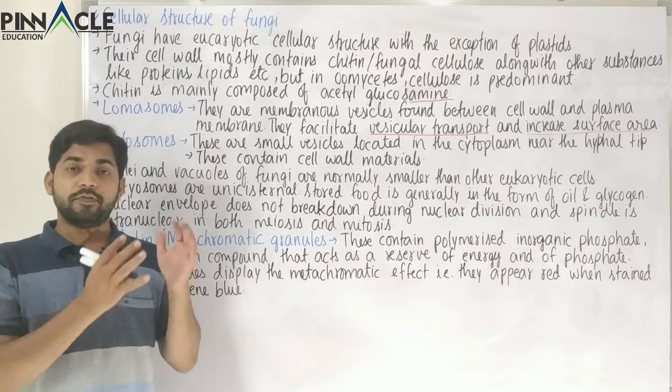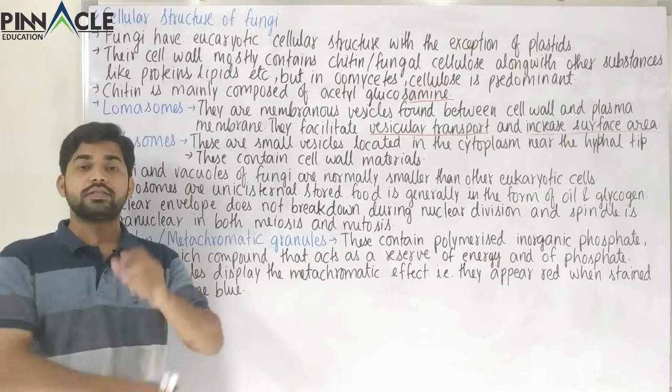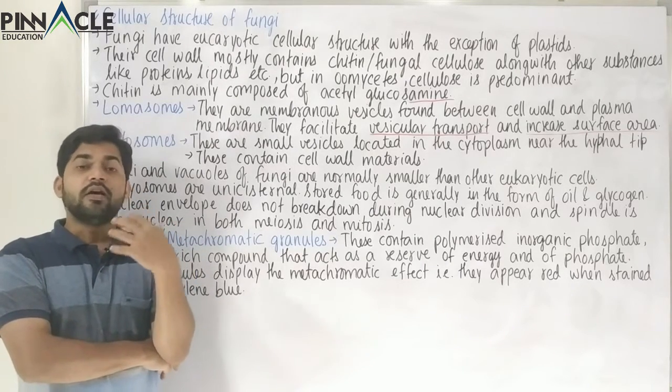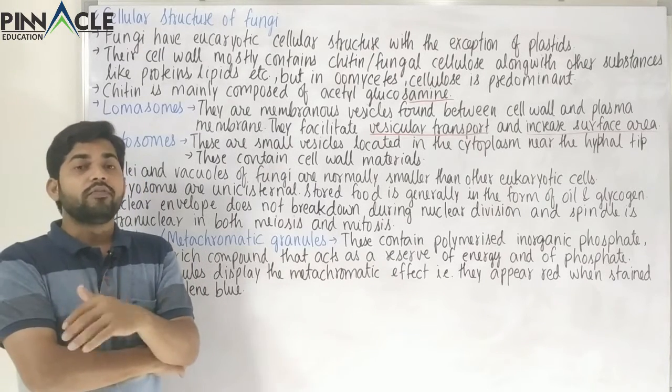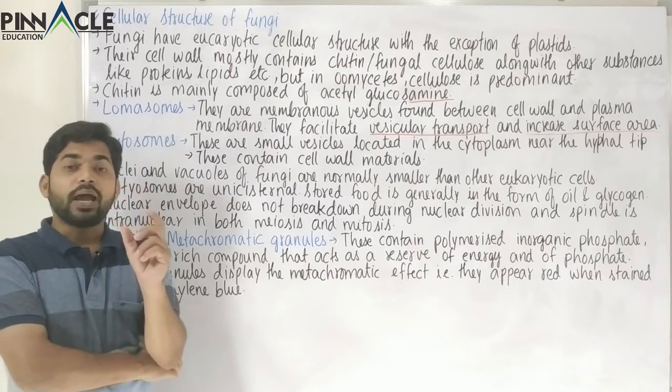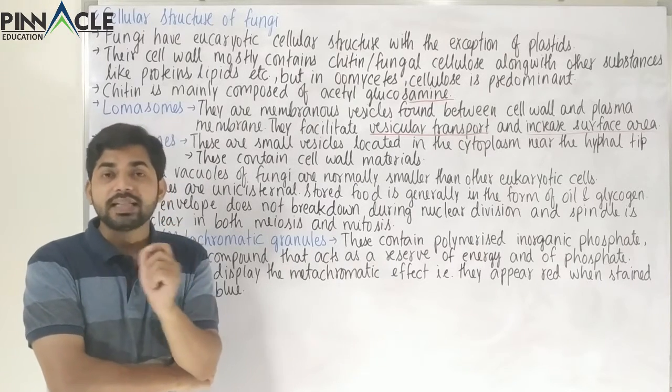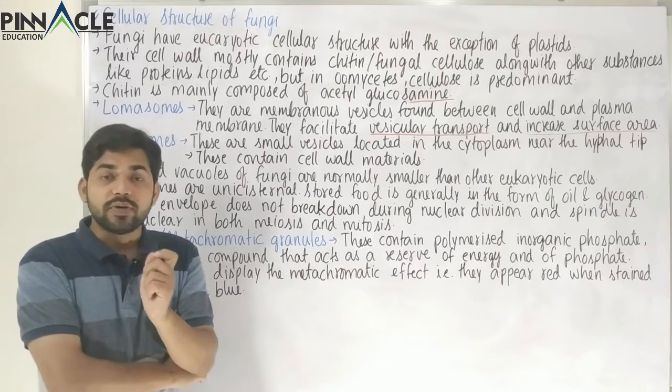So the vesicular transport involves transport of certain materials. For example, it could be some chitin materials which are being transported, or various other materials which are packed in the form of small sac-like structures, which are called vesicles.